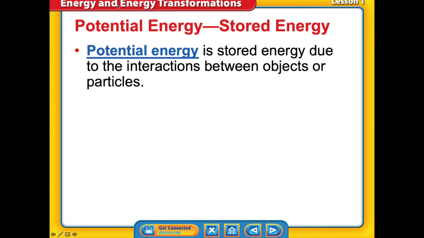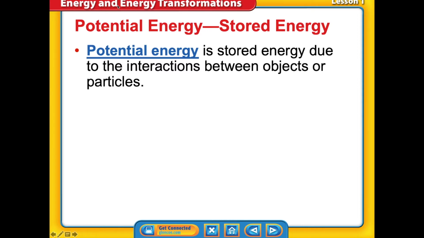And on page 49 of your notes now, you will see these three forms of potential energy. Write this down. I found this on page 43 of our science book. We're going to describe or draw a picture of the example of each form.